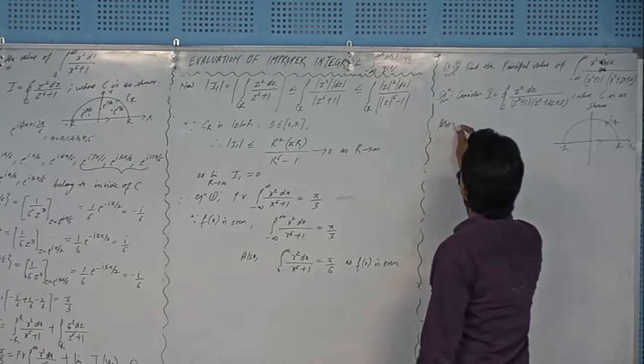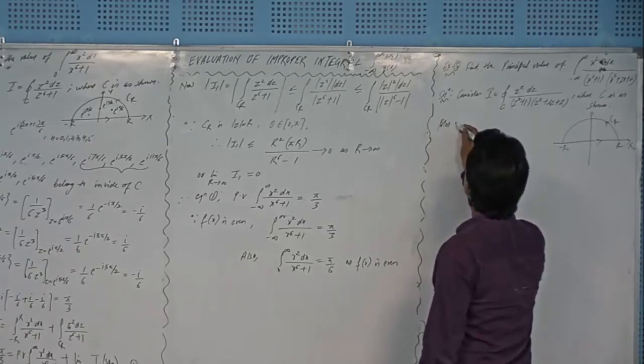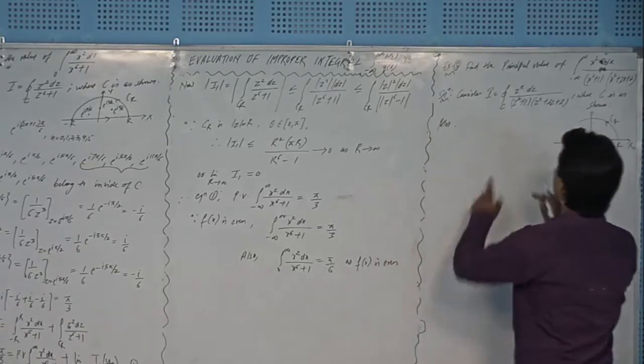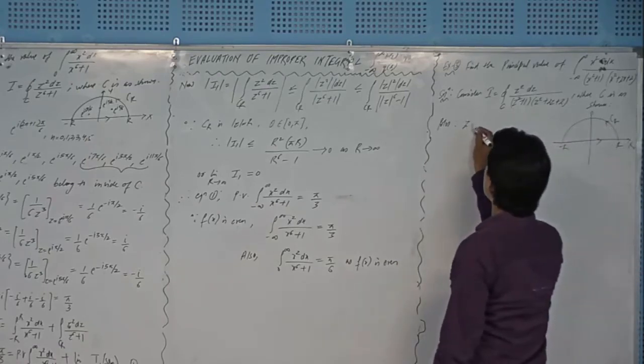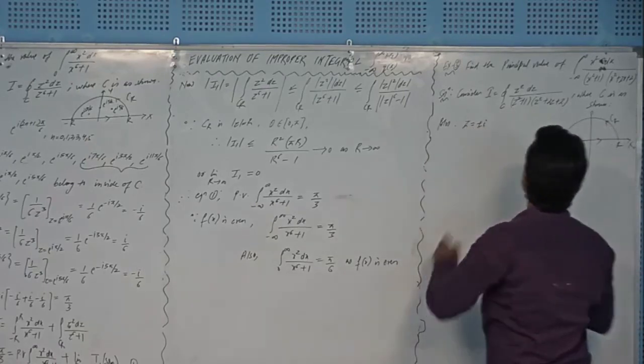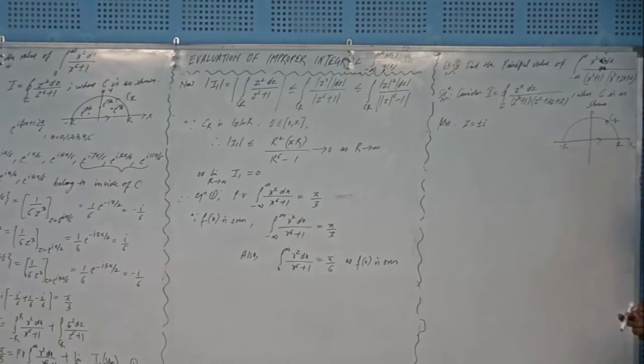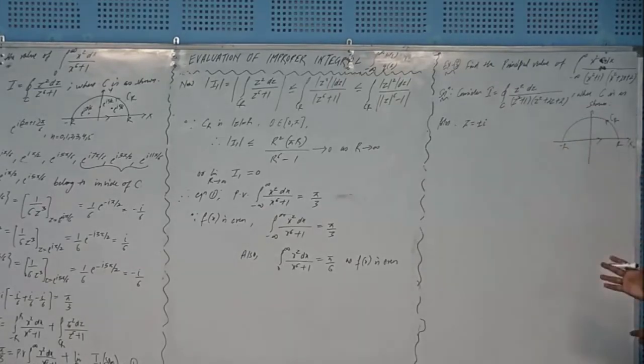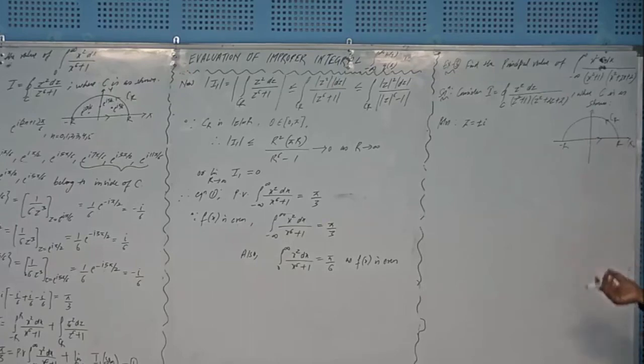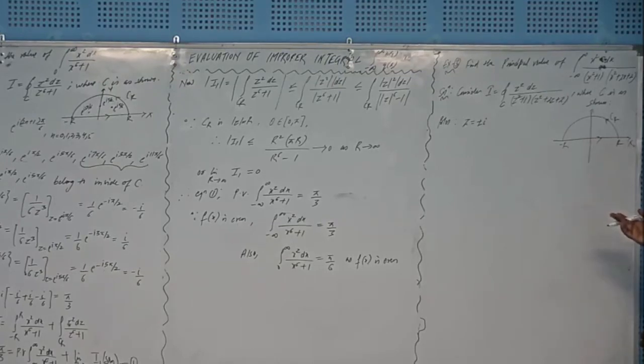Poles are given by, if I equate this to 0 I will get z equal to plus minus iota. That is simple. And if I equate the other factor to 0 I will get minus 2 plus minus the square root of b square minus 4ac, that is 4 minus 8, which is minus 4, and that will be 2 iota.